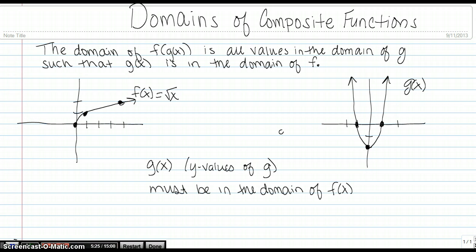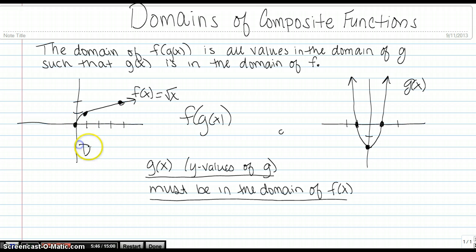So once again, in order to find the domain of f of g of x, according to the definition, g of x, or in other words the y values of g, must be in the domain of f of x. So we must look at the domain of f of x. f of x has a domain from 0 to infinity. So if I highlight all the y values on function g that have values of 0 to infinity, I would only be highlighting from 0 and on up.